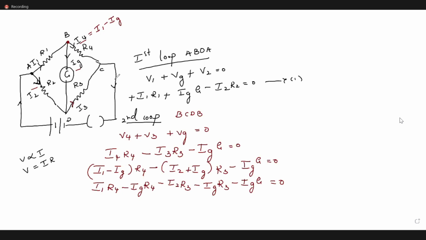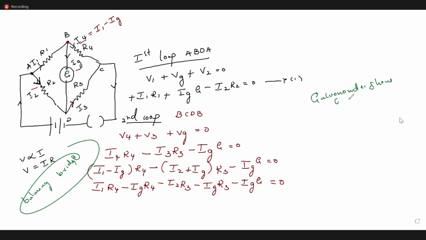Now I need to balance the bridge. If I want to balance the bridge, how to do it? Balancing the bridge means whatever current you are getting in the galvanometer should be equal to 0, meaning the galvanometer is showing 0 deflection.